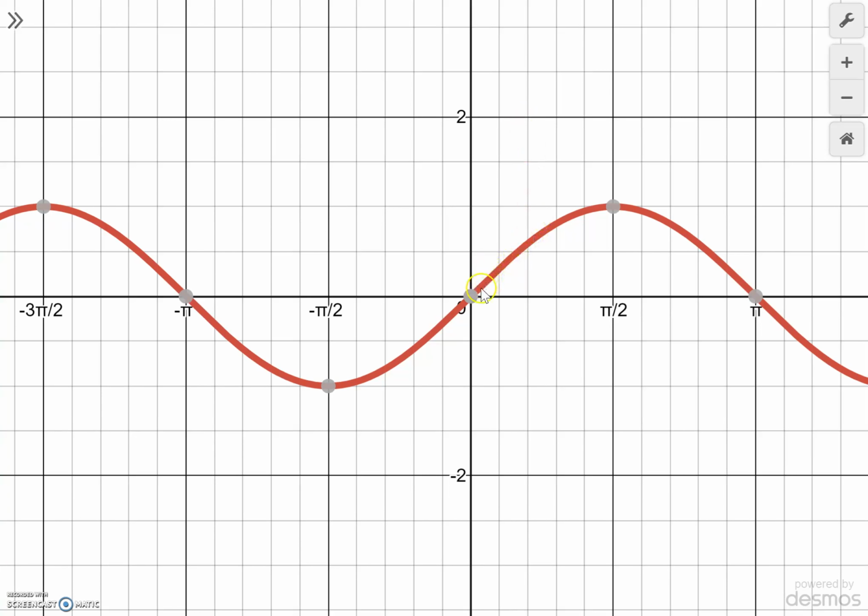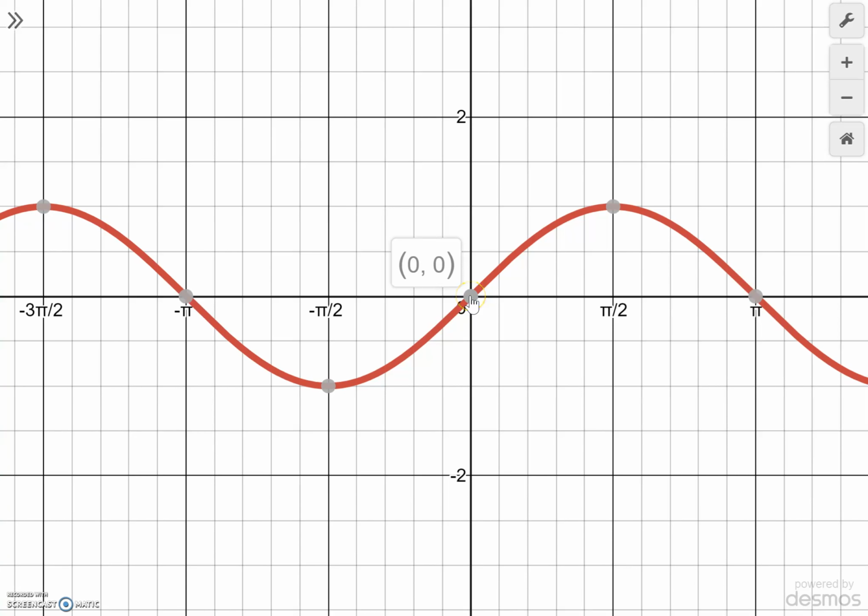And there are a whole lot of other numbers in here. So you could think right here, cosecant of some number a little less than pi halves is going to be the reciprocal of sine of a number a little less than pi halves. Well, a number a little less than pi halves gives a sine value a little less than 1, which will have a reciprocal a little more than 1. It gets a little tricky here at 0.